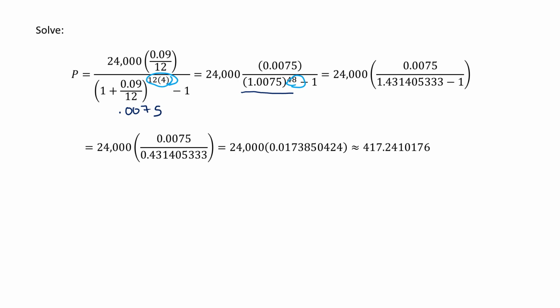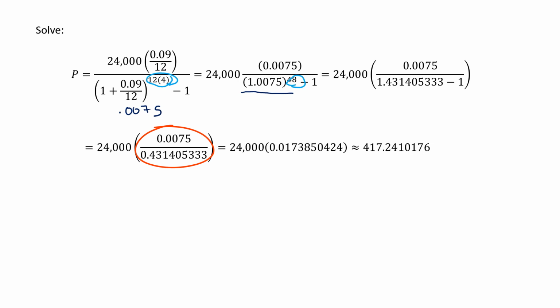Continuing, we've got 24,000. The numerator is still 0.0075. You subtract 1 from the 1.431405333, and you get 0.431405333. Use your calculator to perform the division of 0.0075 divided by the 0.431405333.